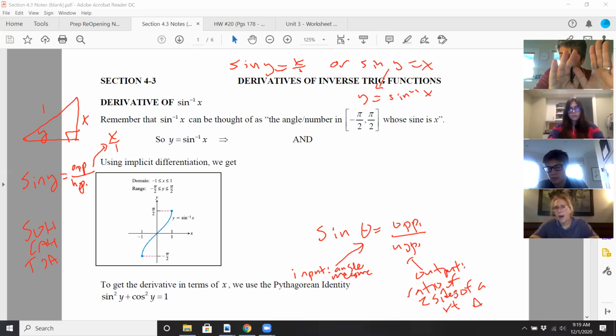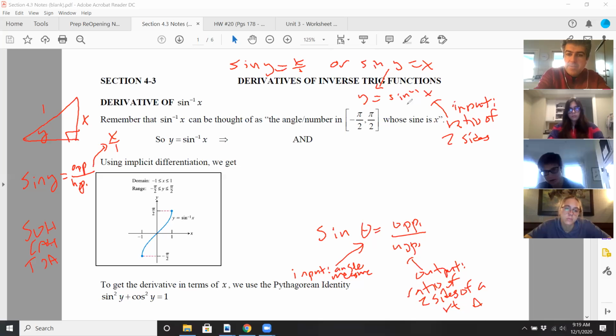So that was for a regular trig function. For the inverse, it's reversed, right? So now the input is a ratio of two sides. Remember, I called these sides the opposite x, hypotenuse 1, ratio x over 1, opposite over hypotenuse.